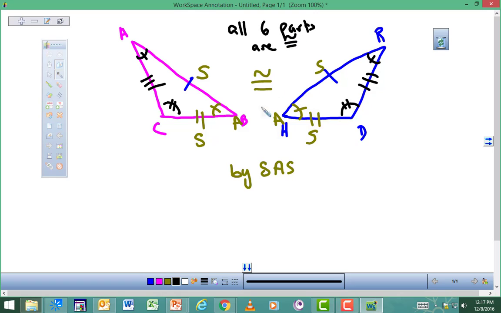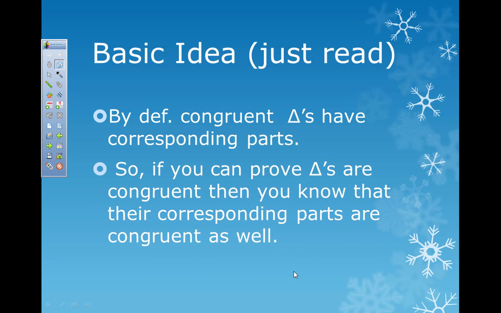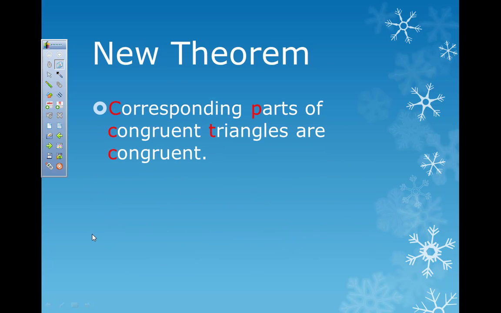Okay, so the theorem that we're going to learn about today has to do with this idea. It's called corresponding parts of congruent triangles are congruent. So I'm going to go through here fairly quickly. So this is our theorem, and we're going to abbreviate this theorem CPCTC.